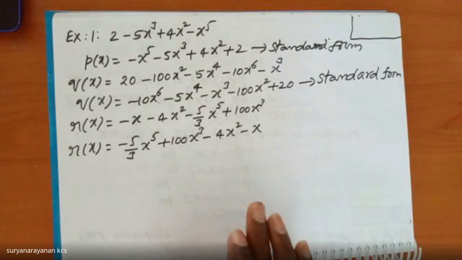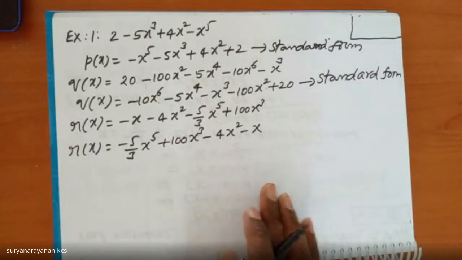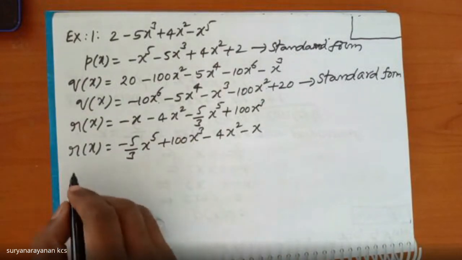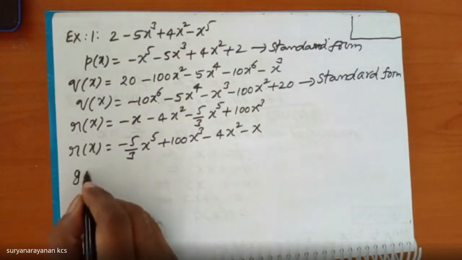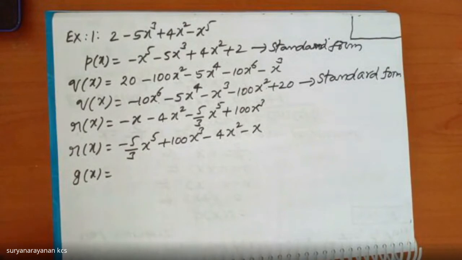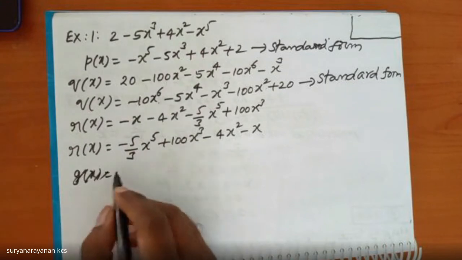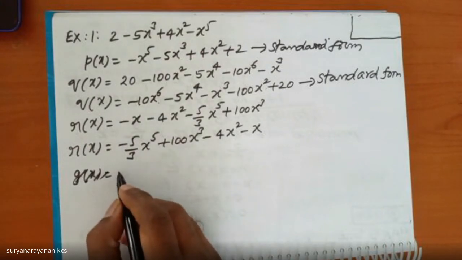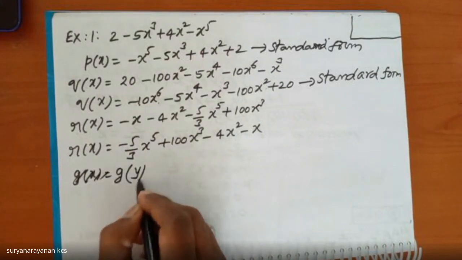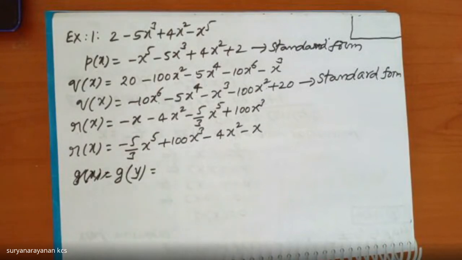I will ask one last question, same like this. Another polynomial. I have taken a polynomial in the variable x, but not every time variable x only. Let us take variable y now. G of y, I am taking a polynomial in y.